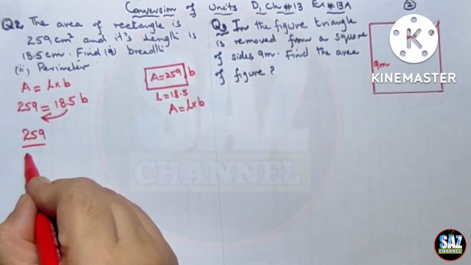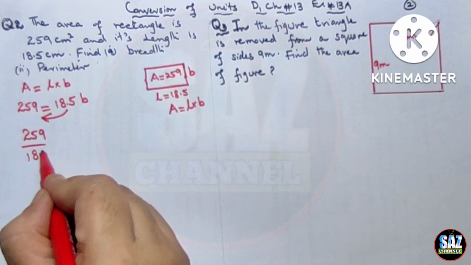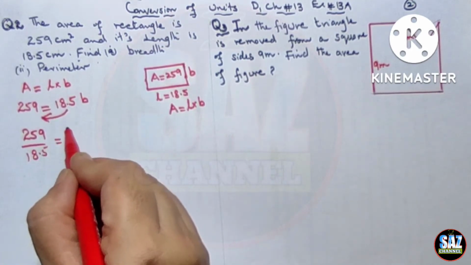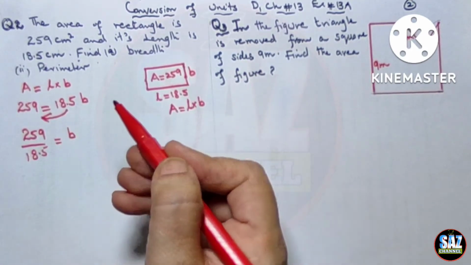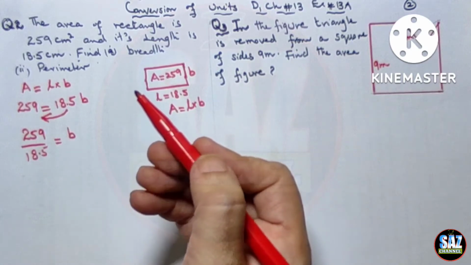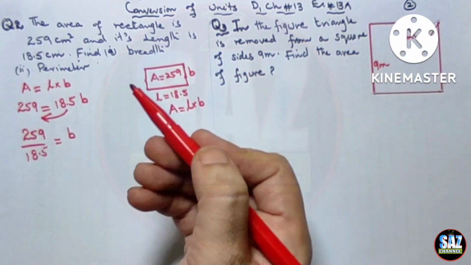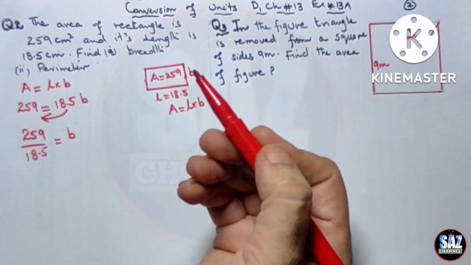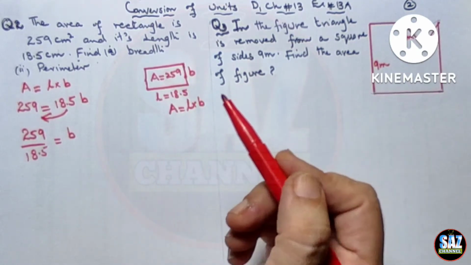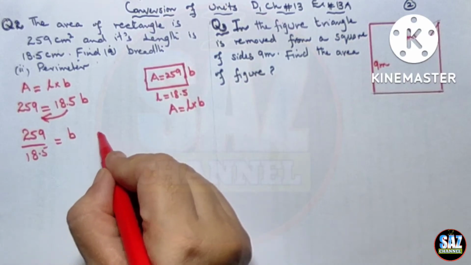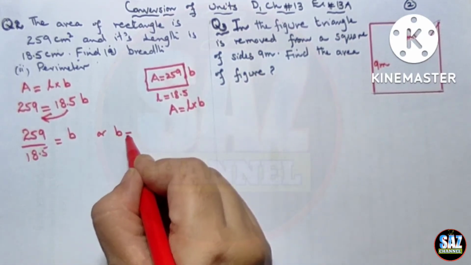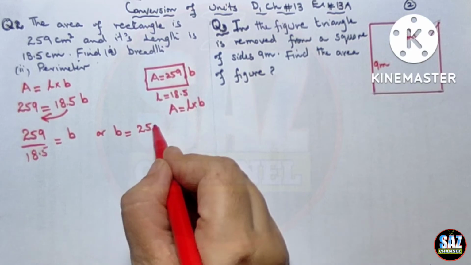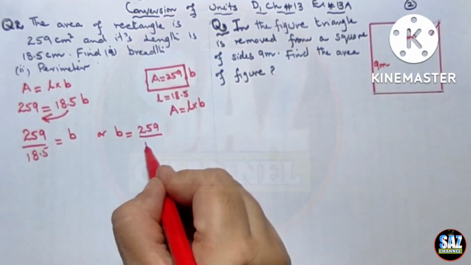Don't miss any part of the lesson, because during the lesson I will be teaching you how to handle difficult calculations without a calculator easily, because the question can come in your O-level paper 1 as well. Now we can write breadth equals 259 by 18.5.